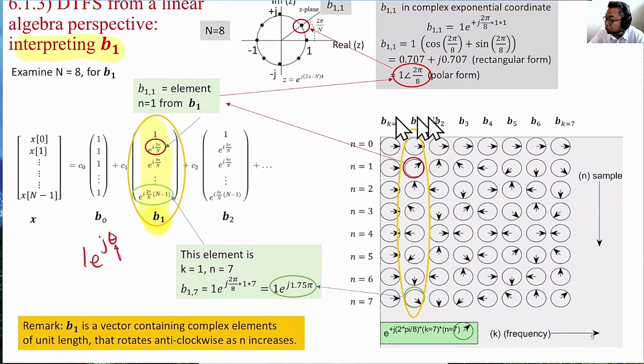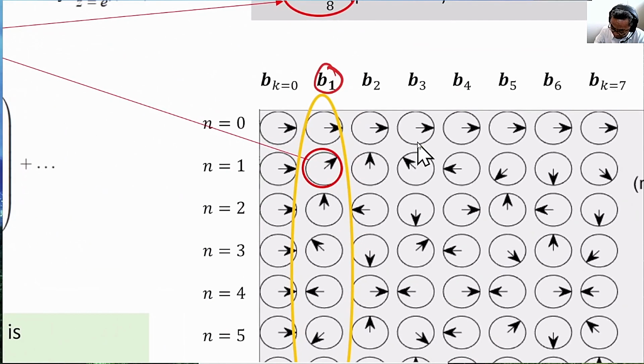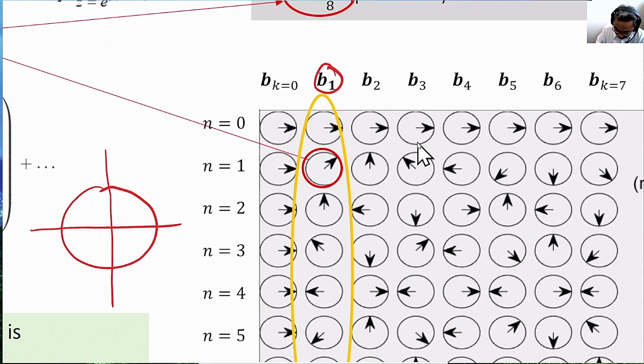And so I will draw for you now. This is B1, and this is n equals 0, 1, 2 until N minus 1, which is 7. I'm drawing for you the unit circle with radius 1. So this circle has radius 1.